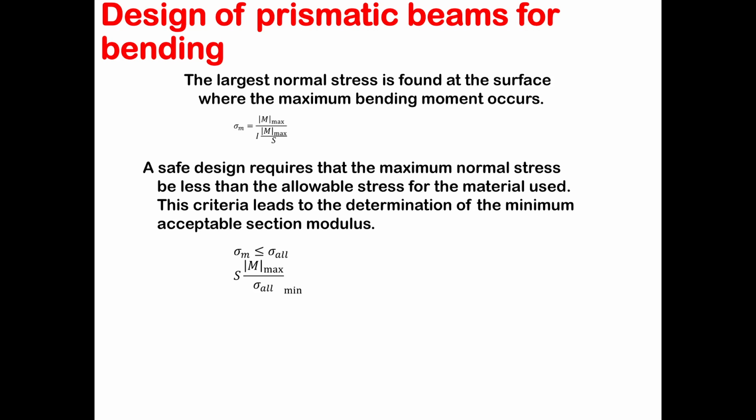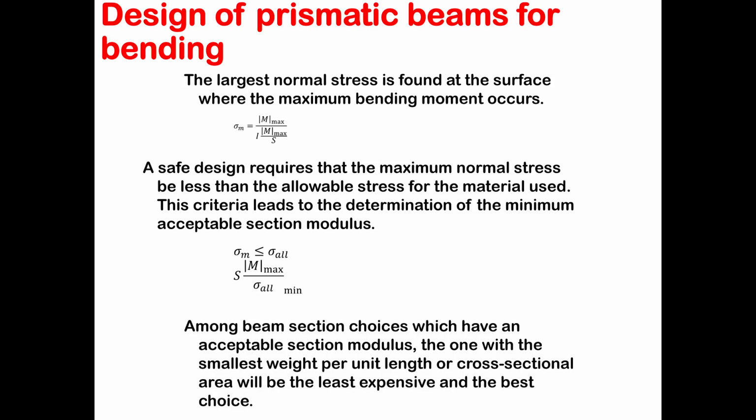Okay, so essentially, in your design, you want to find the minimum acceptable section modulus. Among the beam section choices which have an acceptable section modulus, the one with the smallest weight per unit length or cross-sectional area will be the least expensive and the best choice, right?